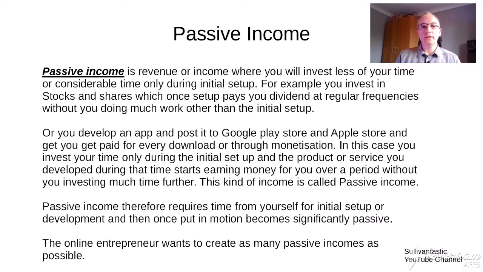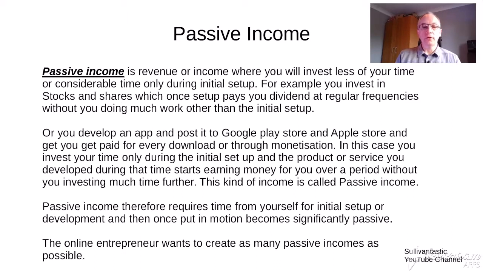So you could effectively have uploaded 5 apps or invested in 5 different stocks and shares, and then you're getting revenue from those when you're not actually working on them. So you're not physically trading your time for that revenue.